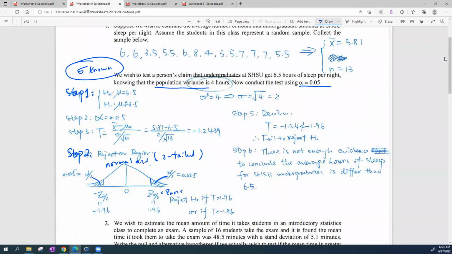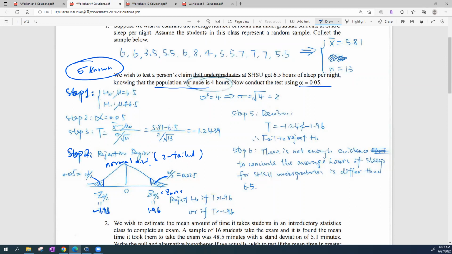And we check the standard normal table. We can get that equals 1.96. Actually, at this point, we all know it is 1.96. And it's perfectly symmetric. So the other side, we got negative 1.96. So these two numbers are called the critical values. And the rejection region, we have to write it out when we're going to reject the null hypothesis.